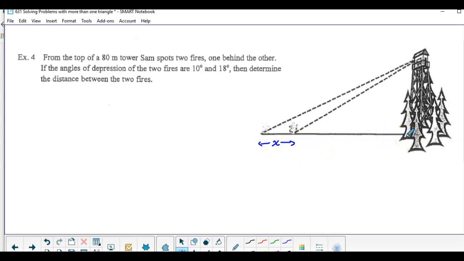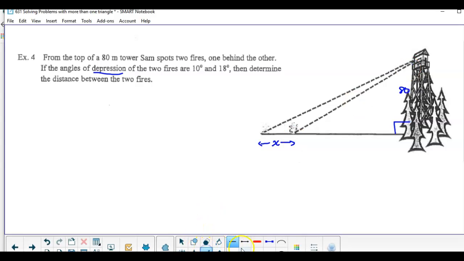Again, we might be able to do this question a little bit differently once we learn sine law and cosine law, but for right now, we're going to use our 90-degree triangles, so you can put a 90-degree symbol in there if you want. You know this is 80. And angles of depression, remember, are from the horizontal.